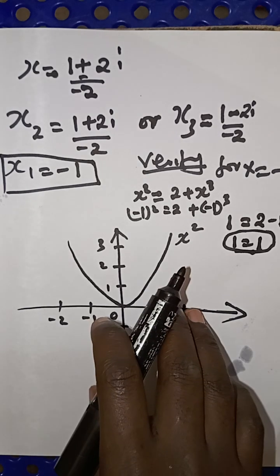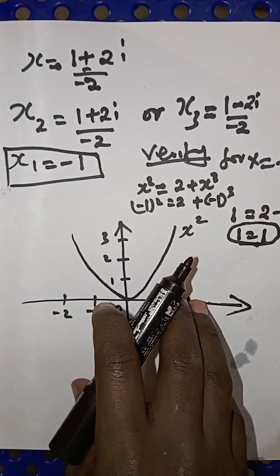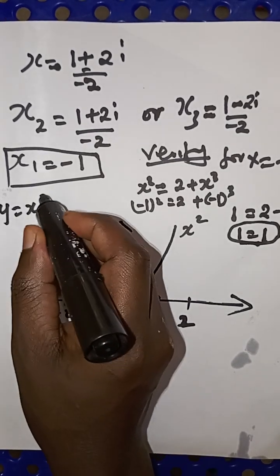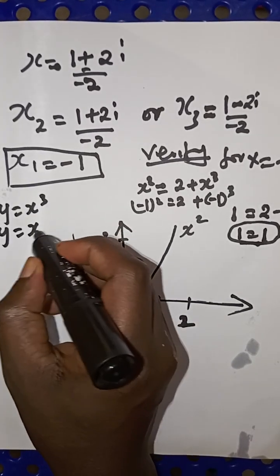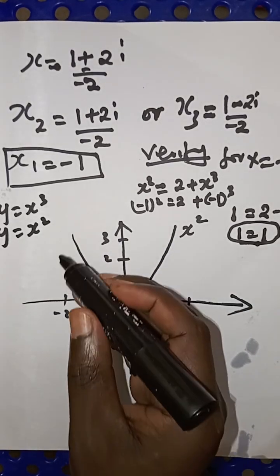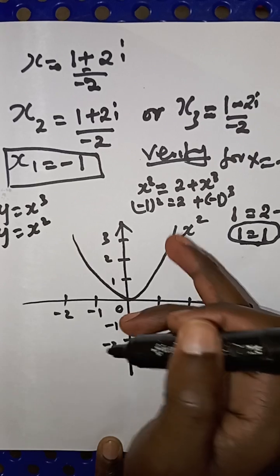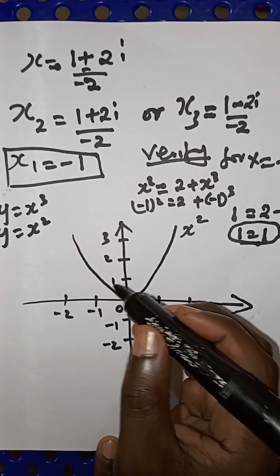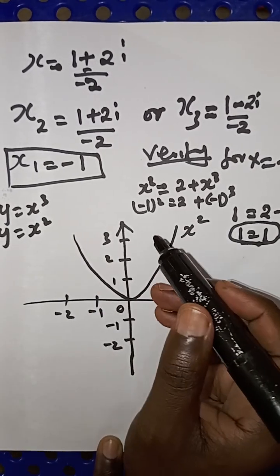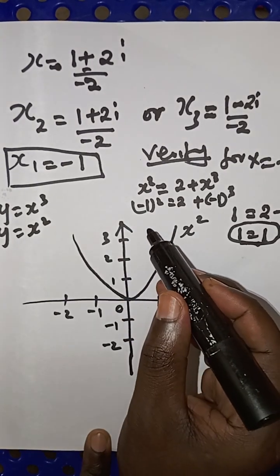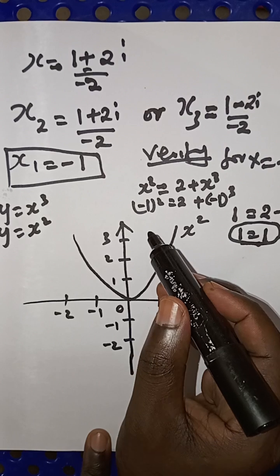When you try sketching the graph of y equals x cubed and y equals x squared, this is how it's going to behave. So this is my x squared curve. It means they're going to intersect with the x cubed curve at this particular point. It's going to behave like this.